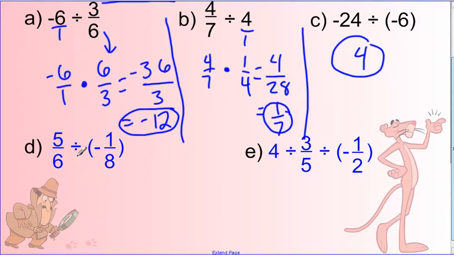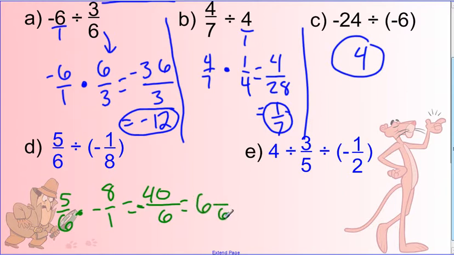Let's see. I'm going to flip the second one. Let's make sure I actually flip it this time. Good, good. All right. First one stays the same. Change it to multiply. Multiply across the top. Multiply across the bottom. Don't forget your negative. Simplify. Let's see. 6 goes into 40 6 times, because 6 times 6 is 36.